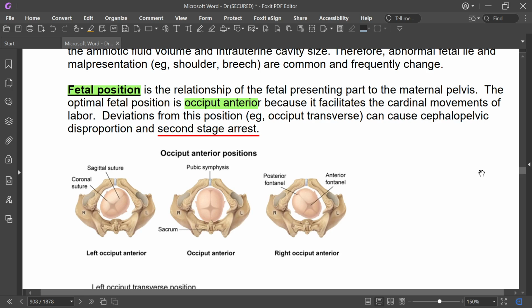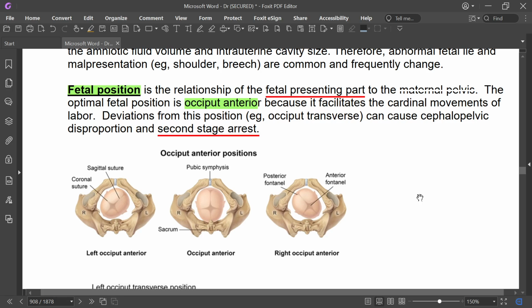So fetal positioning, what does fetal positioning mean? It's the relationship of the fetal presenting part to the maternal pelvis.